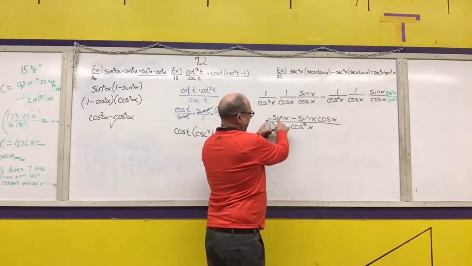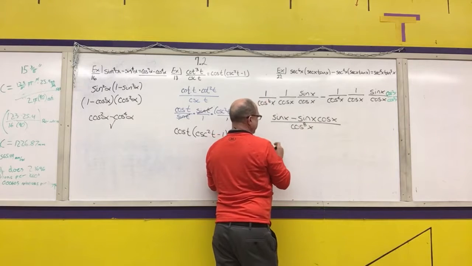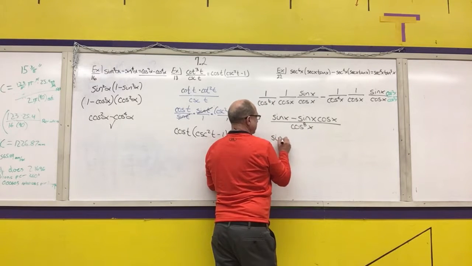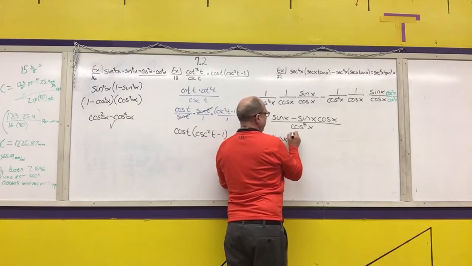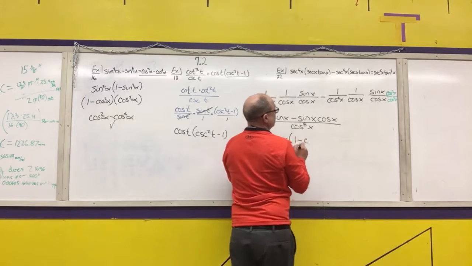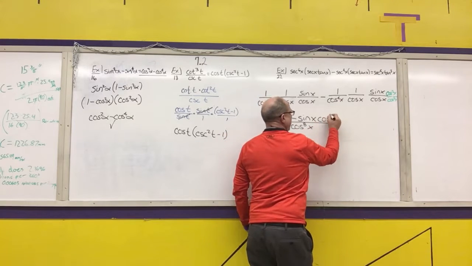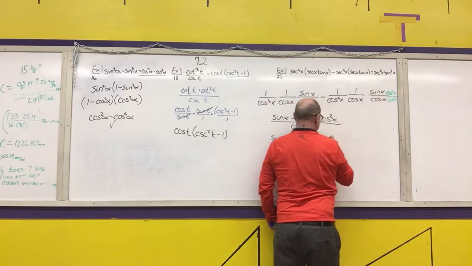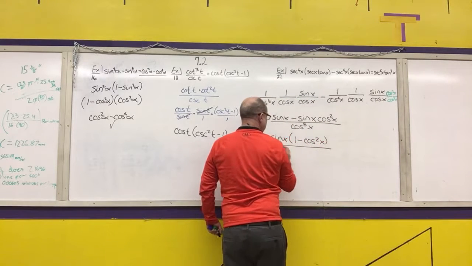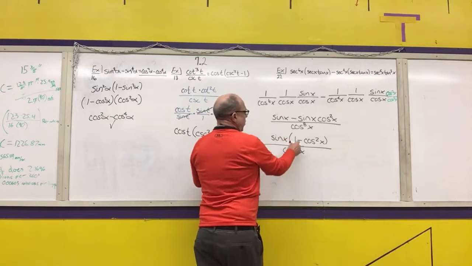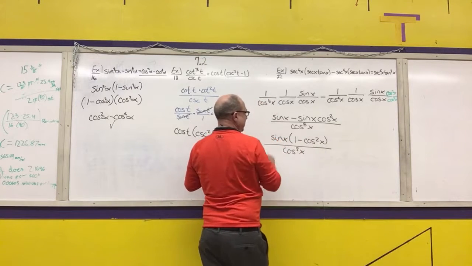I have a common factor in both of these, which is sine x. Pull it out, and I get 1 minus sine. Actually, that's supposed to be a cosine squared x from up here. One minus cosine squared is sine squared.